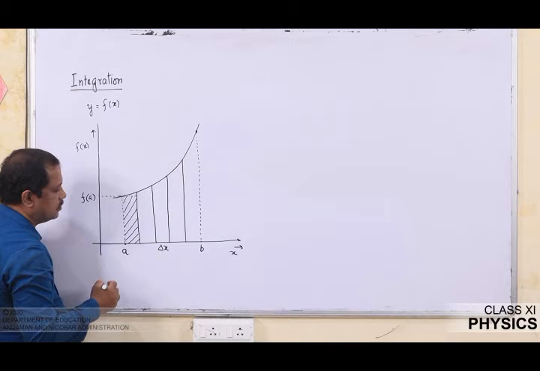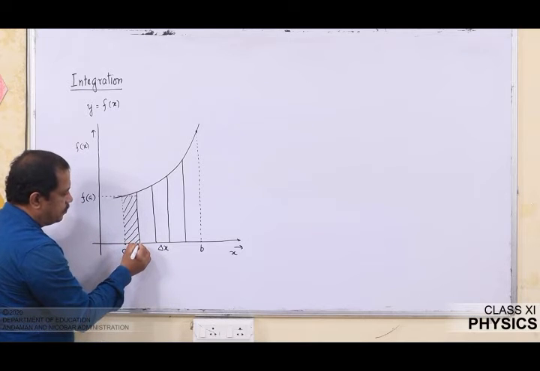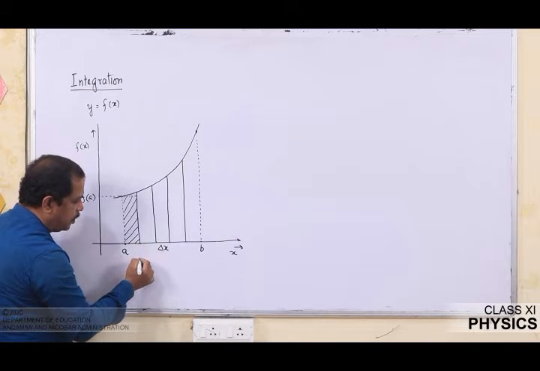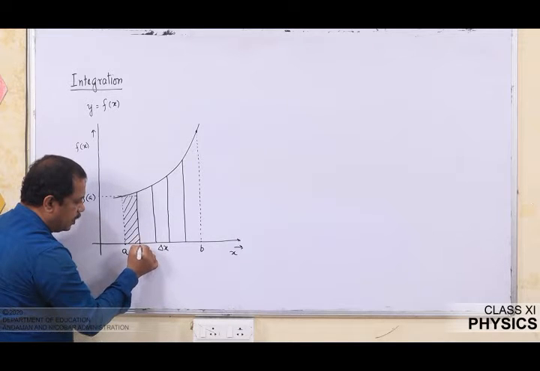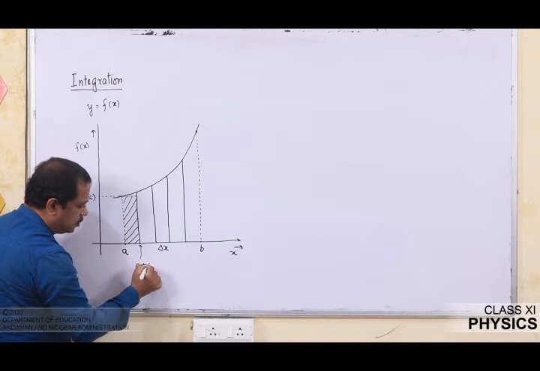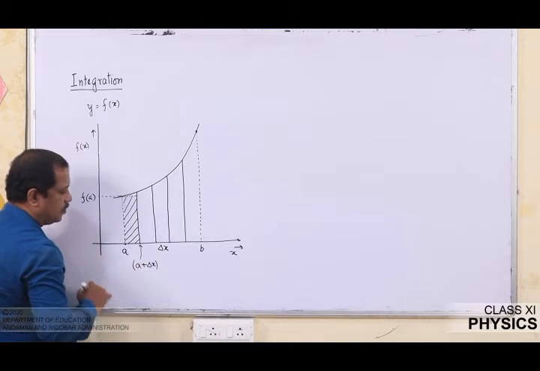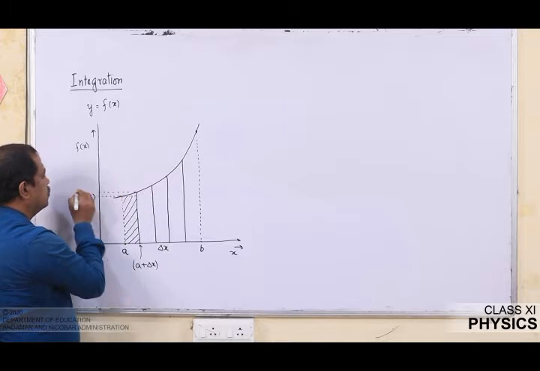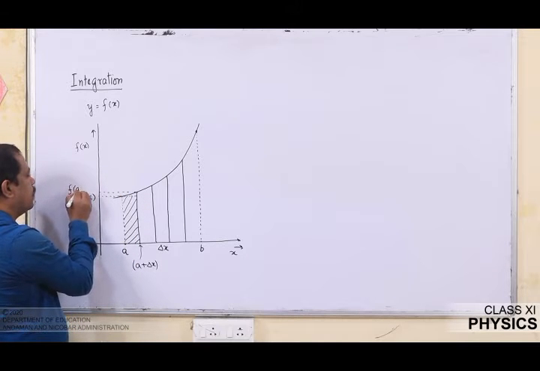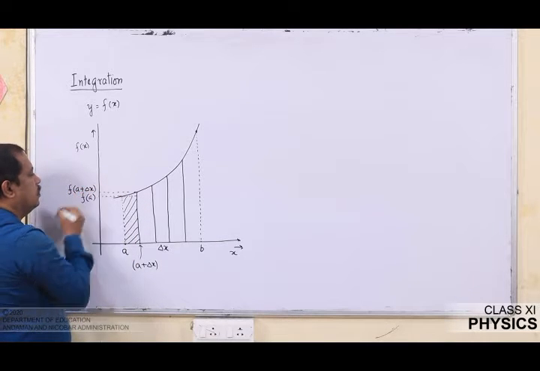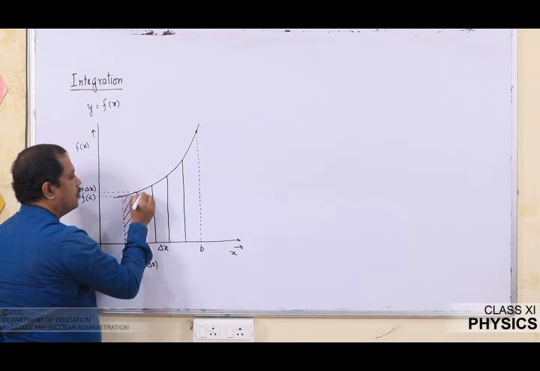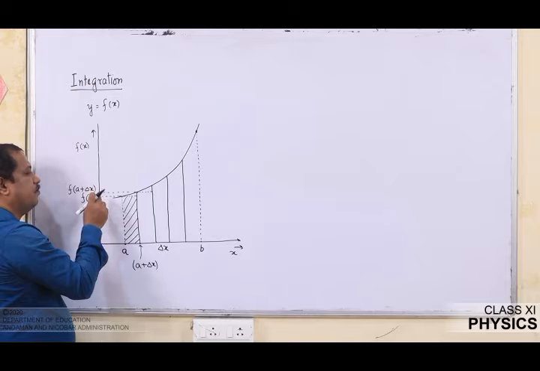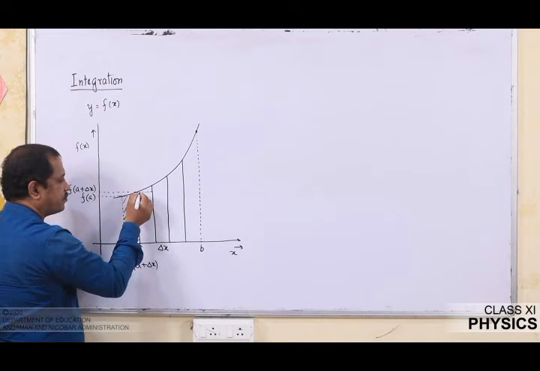So, in that case, at this point the value of x is going to be a plus del x, and the value of y here is going to be f of a plus del x. If I draw the straight line, this entire value is f of a plus del x.